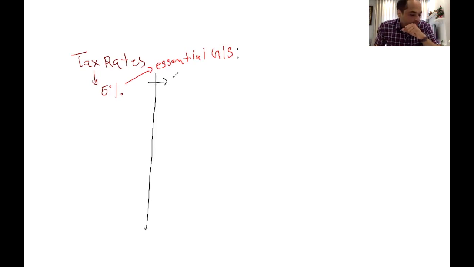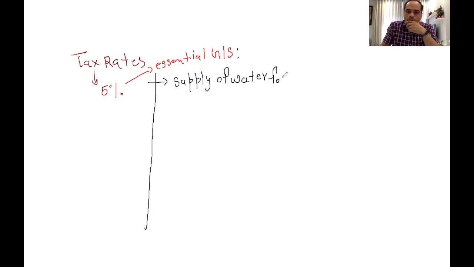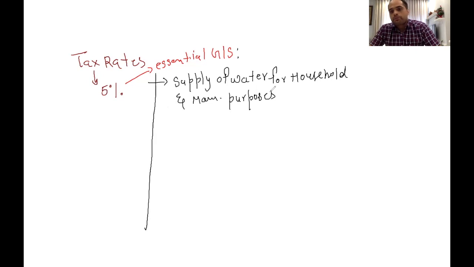The first one is the supply of clean water for household and manufacturing purposes, or manufacturing consumption.